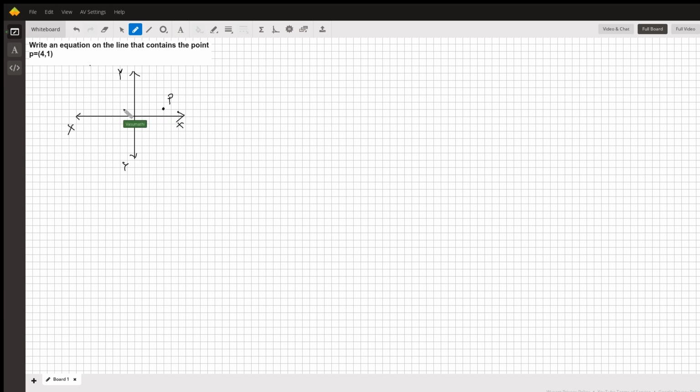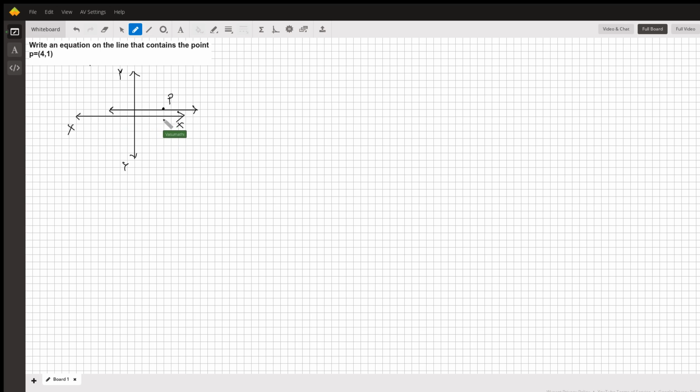So I'm just going to draw a line that contains this point. Let me use my straight line tool here. Okay. And I'm going to show two arrowheads on either end to represent that this line can move infinitely in both directions.